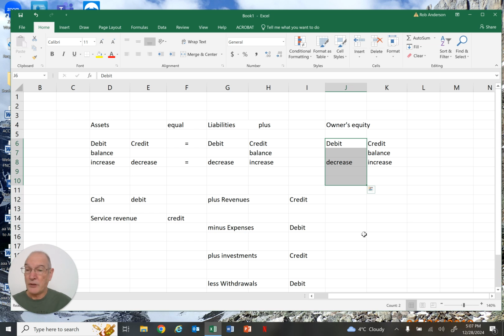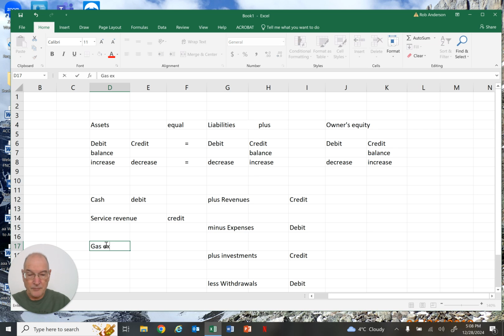So when we go to journalize this, let's say we have a $100, I'll take a $100 gas bill. So we're going to pay that gas bill. We've already used the gas, and that's how they know how much to bill us. So we're going to pay it with cash, and the gas bill is an expense. So we're going to go, I'm just going to use gas.